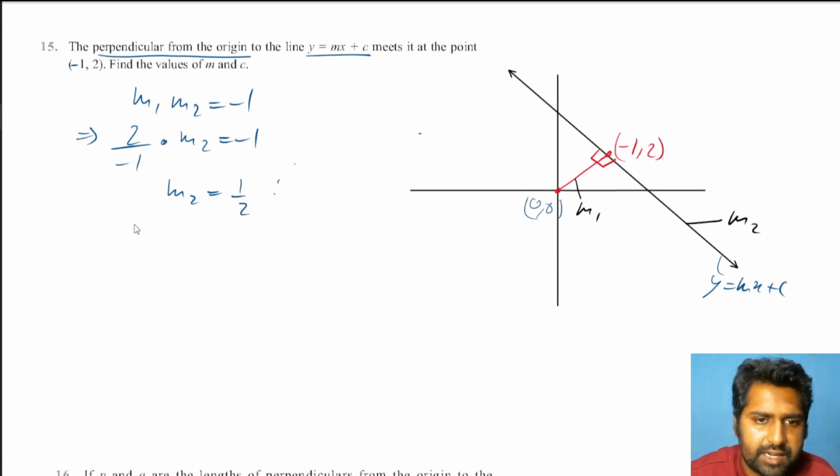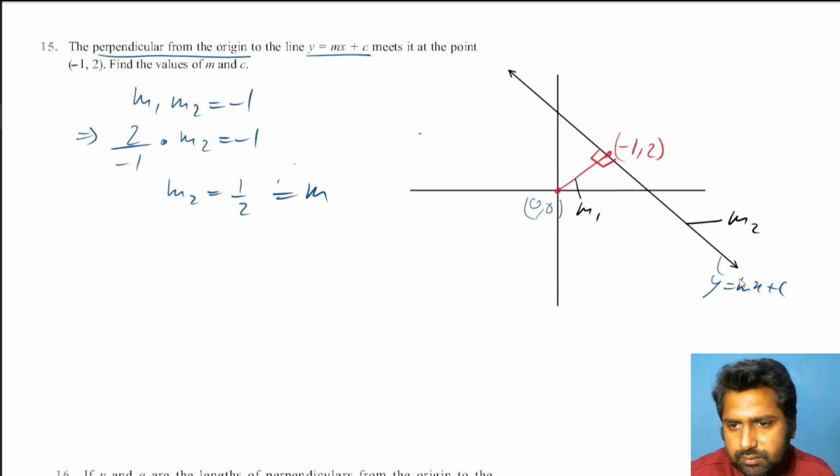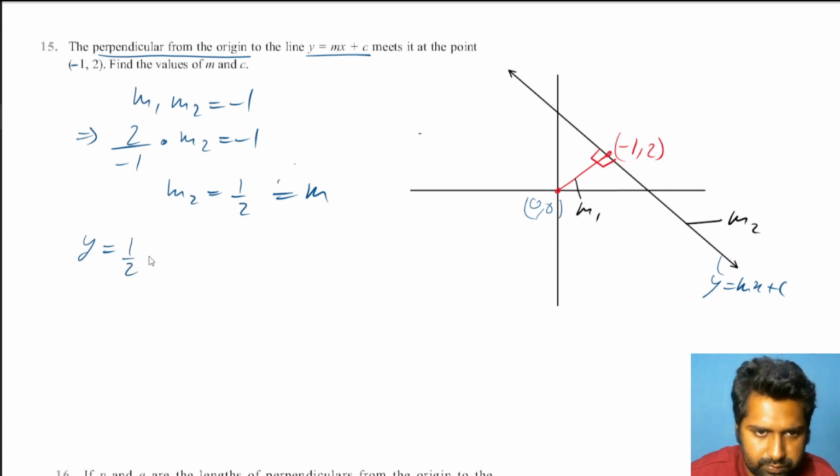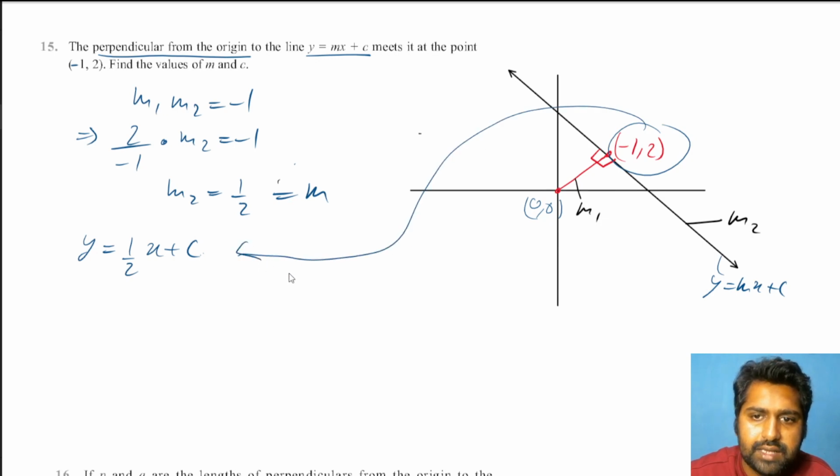So that means this is the m of this line. So value of m is M2, 1 by 2. Right now the equation is y is equal to 1 by 2 x plus c. I've put the value of m in this equation. So this is the equation of this line, and this point lies on this same line, so it must satisfy the equation. Same concept as earlier.